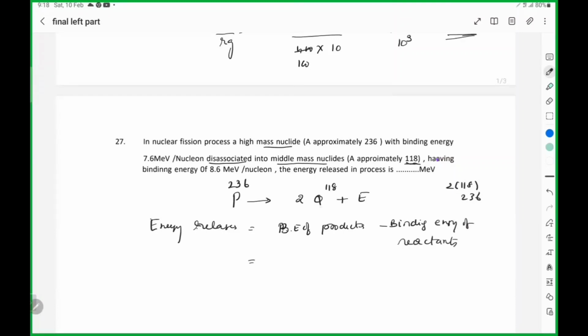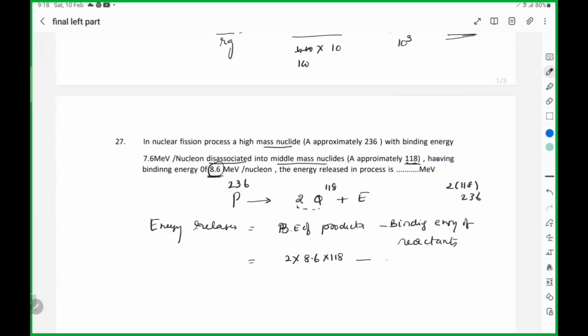Here binding energy of product means, for each nucleus, the binding energy is 8.6 per nucleon. Here mass number is 118, so for 118 nucleons, and such nuclides are 2. This is the binding energy associated with the products.